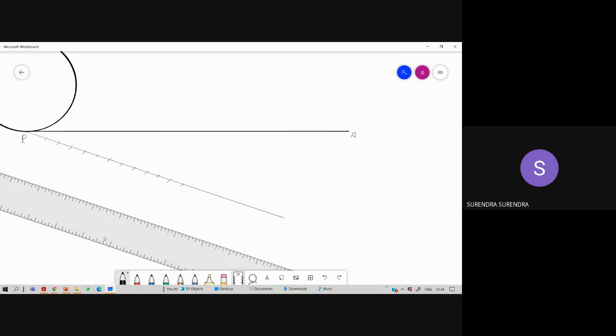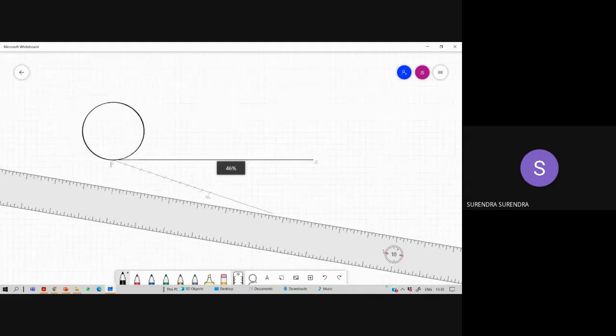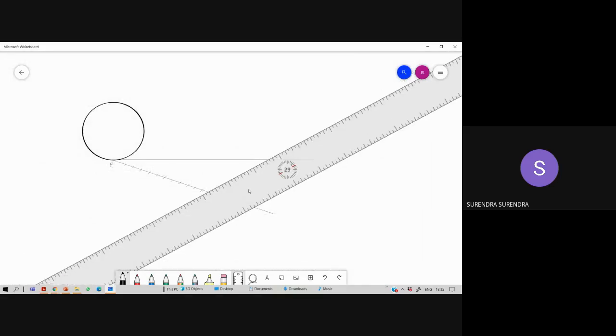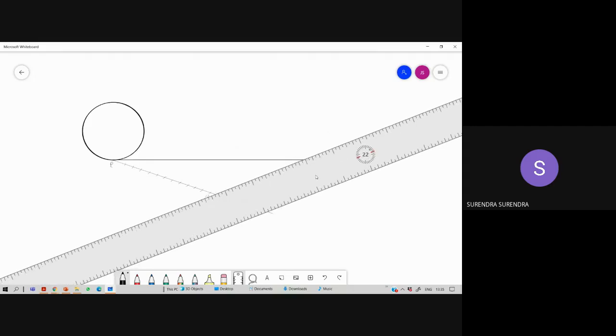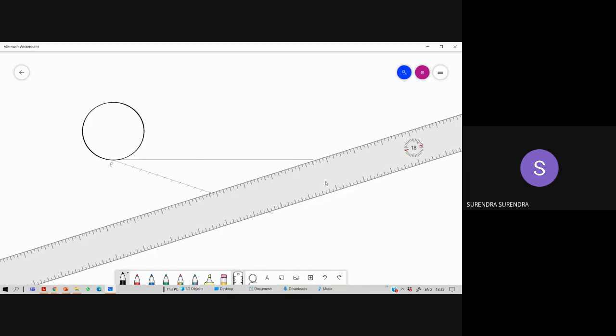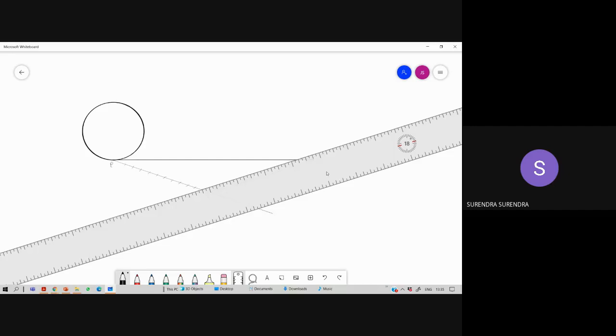And the end point is A. Now join the 12th division to A by using scale. If you use drafter, you'll get these parallel lines more accurately. So join 12 with the last point A. Now, by tightening the drafter scale, move the scale parallel, and you'll get exact parallel lines.